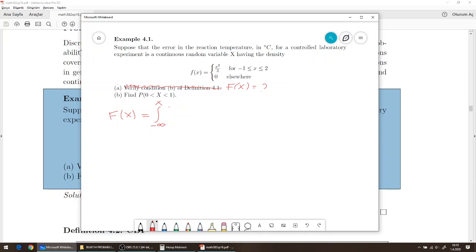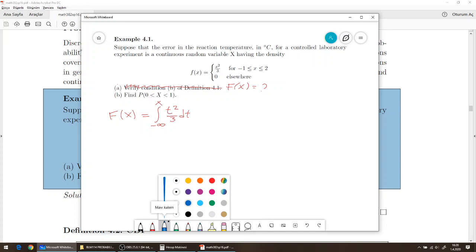I think you remember, we use t. Here, we will not use minus infinity.